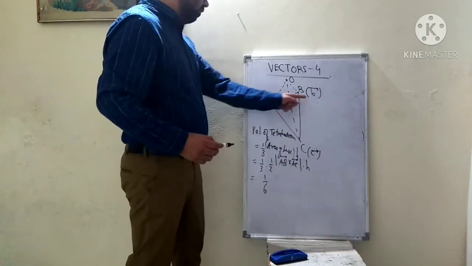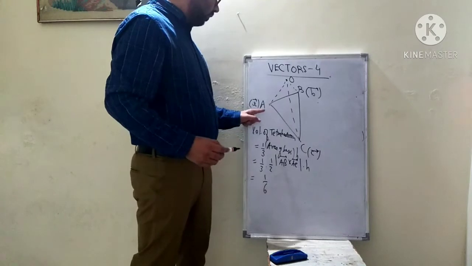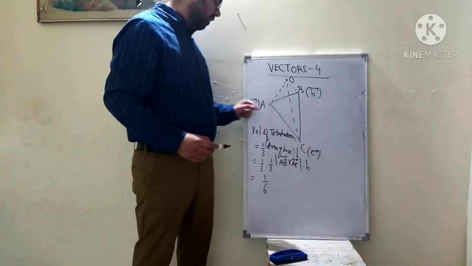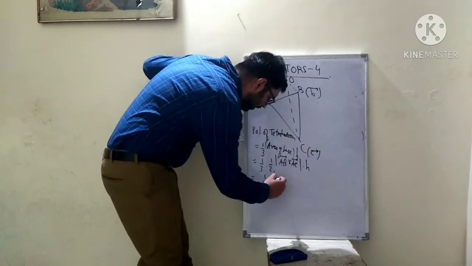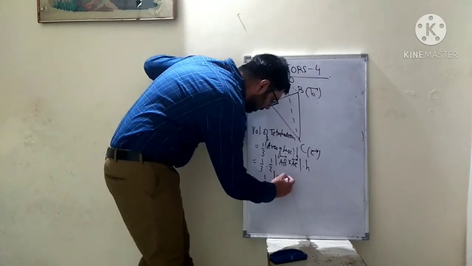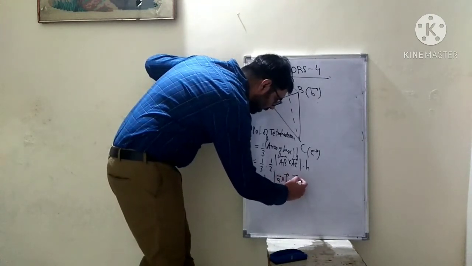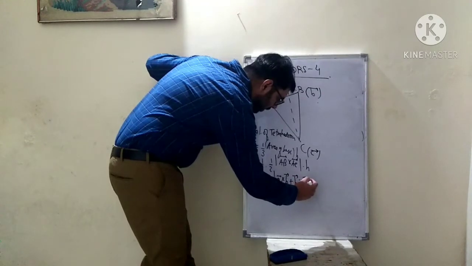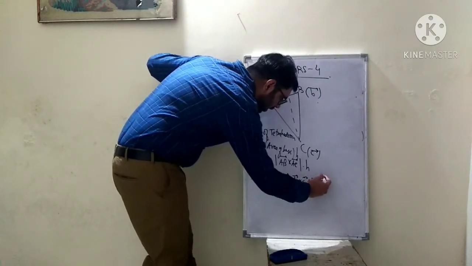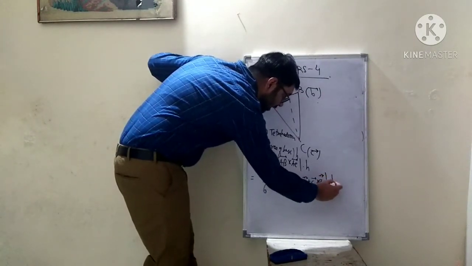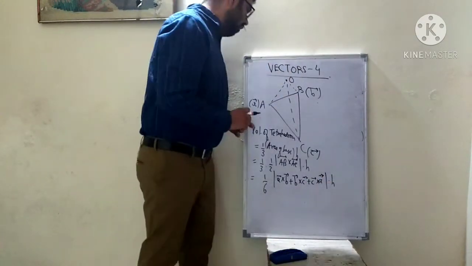Now AB vector will be B vector minus A vector, and AC vector will be C vector minus A vector. If you simplify this, you will get this expression: A cross B plus B cross C plus C cross A, and then into height. So how do you calculate the height?